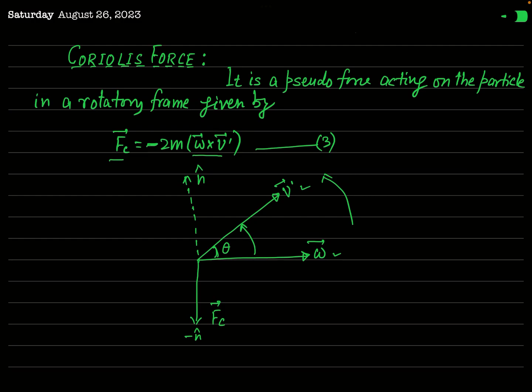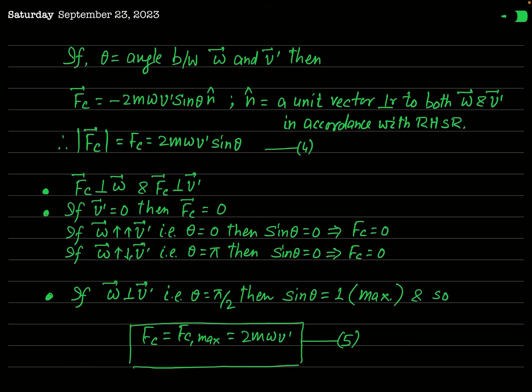Now let us apply the formula for the cross product of two vectors. If theta is the angle between omega and v prime, then Fc will be minus 2m omega v prime sine theta n hat. As I have told you, n hat is a unit vector perpendicular to both omega and v prime in accordance with the RHSR.